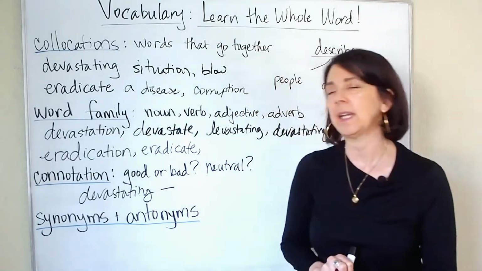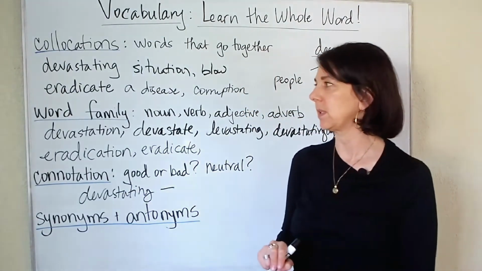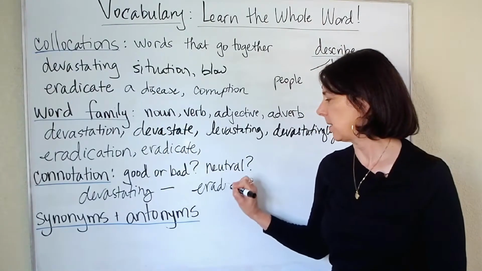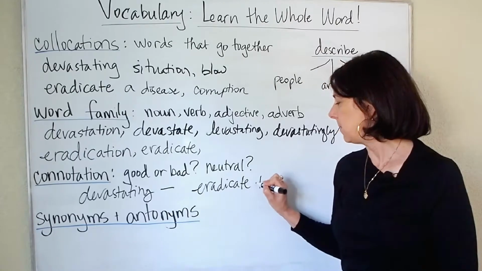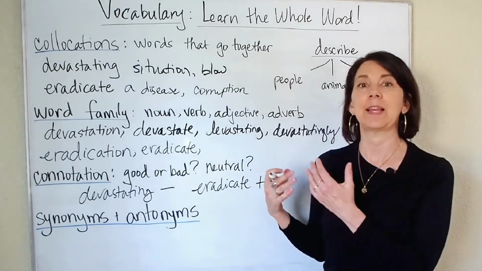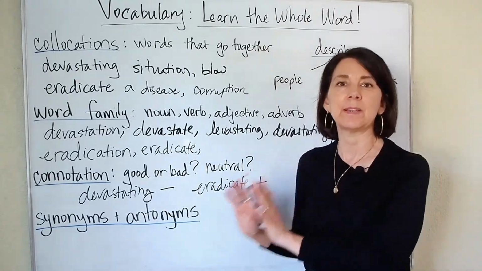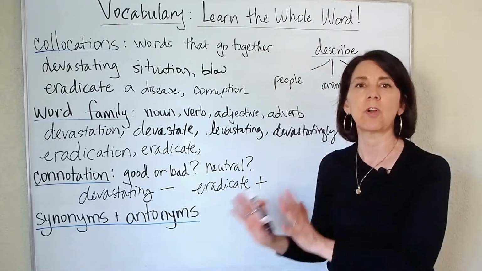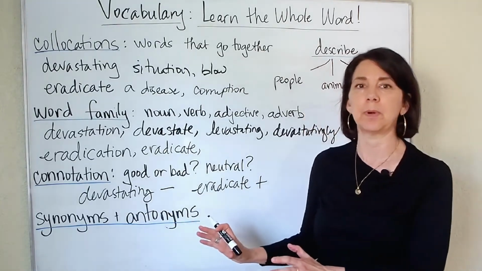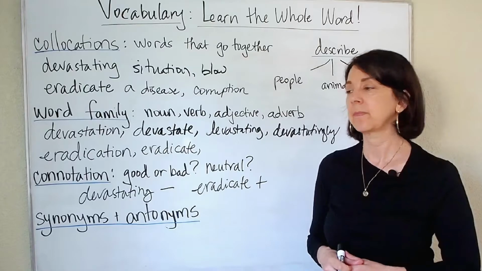It's definitely negative. It describes something really terrible. Eradicate has a positive connotation because it describes a situation where you have a big problem, like a disease. It has been taken care of. The problem is gone. You have gotten rid or you have erased the problem. So that's a good thing.